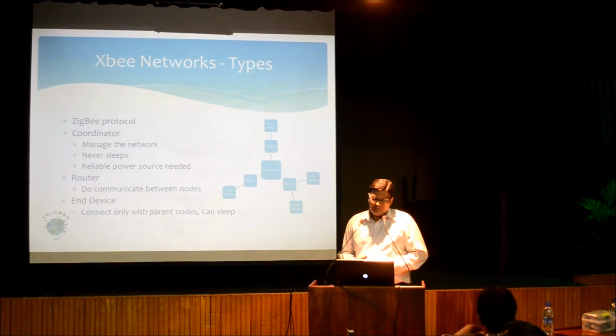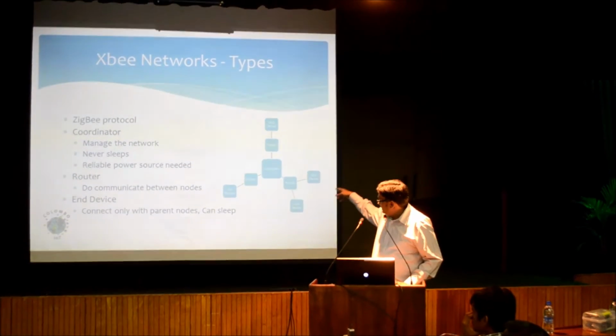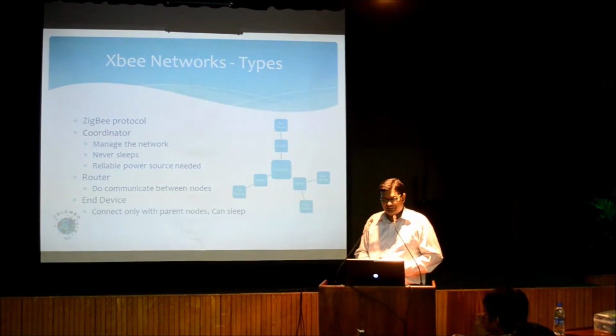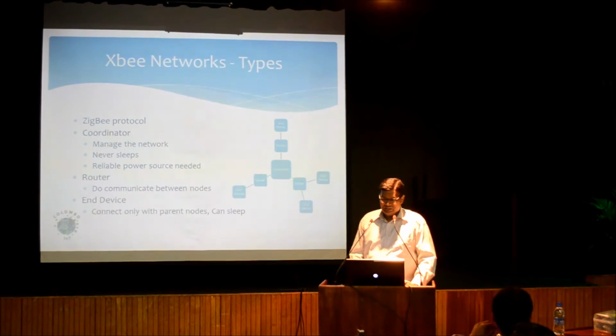There are three types we can configure XBee modules to act as in a network: coordinator, router, and end device. In the diagram, the coordinator manages the network itself, and we need to power it with a stable power source. Otherwise, if the coordinator goes down, the whole network will go down.